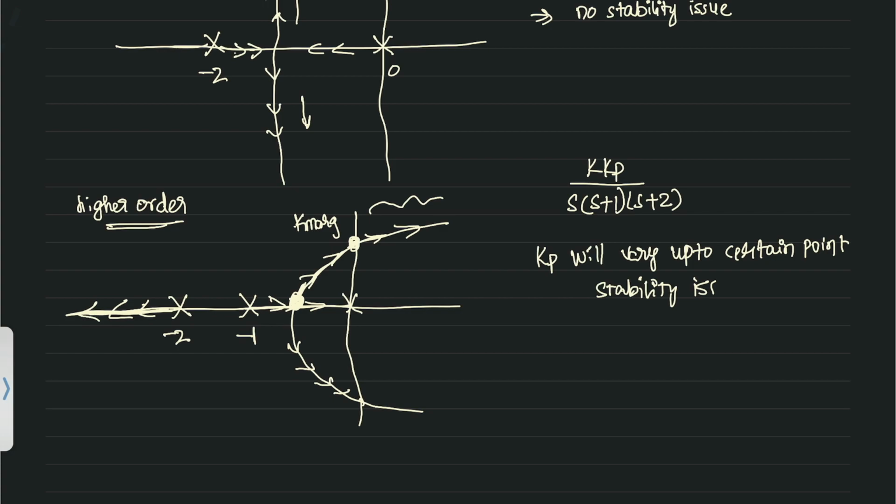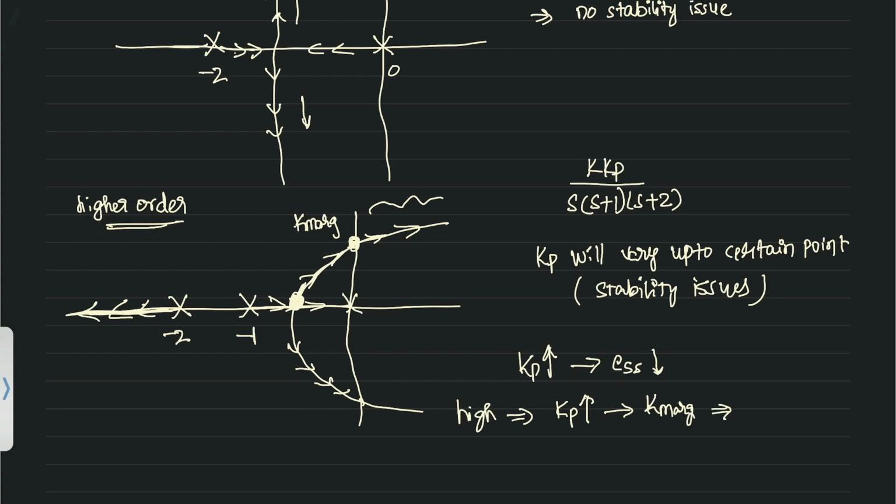You can increase the Kp value so the steady state error is going to reduce, but for a higher order system, you can increase Kp only up to the marginal stable limit. So according to this increase in Kp, the steady state error will also reduce only to that certain extent.